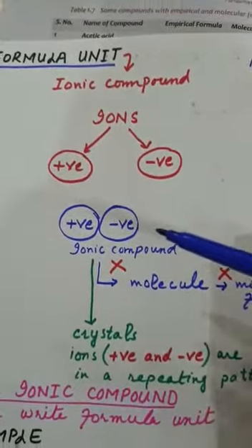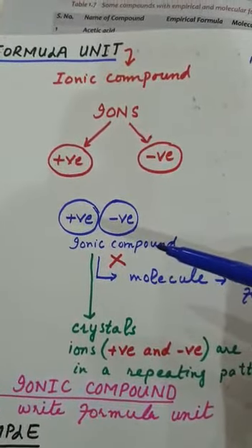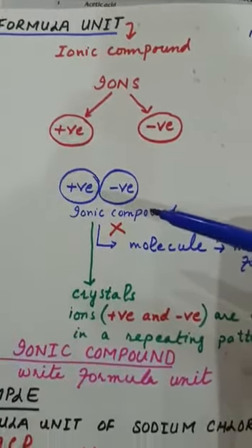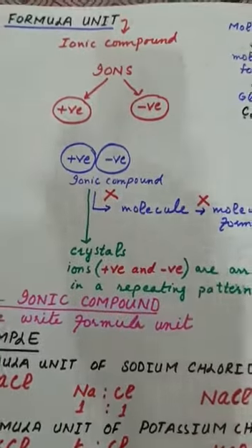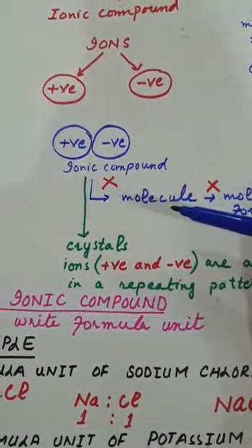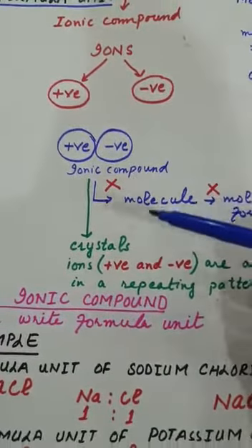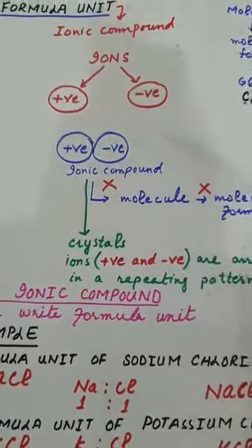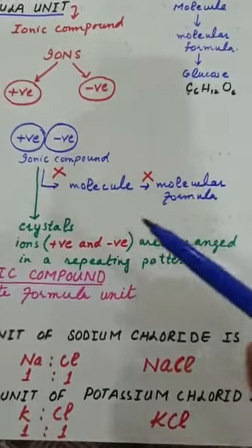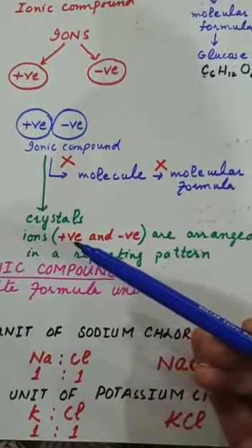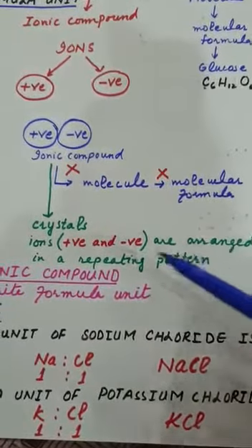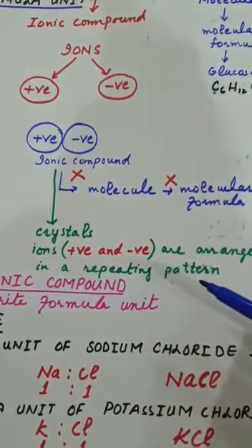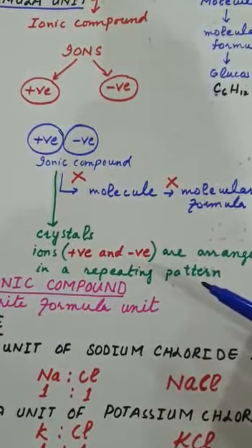Now the question arises: how do we represent an ionic compound in a simple way, in the form of a formula? Ionic compounds don't exist in the form of molecules. Actually they exist in the form of a crystal. Crystals are made up of positive and negative ions, and these ions are arranged in a repeating and definite pattern.